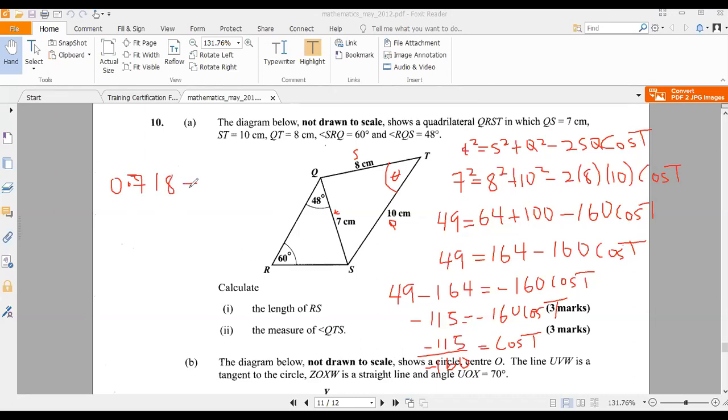So we have cos T. Now remember that you want to find the angle. So now I want to find angle T. We say that theta is equal to cos inverse, cos negative 1, of 0.718.